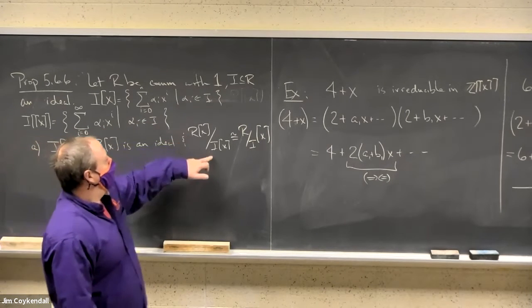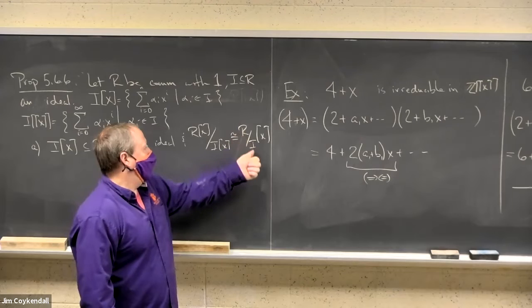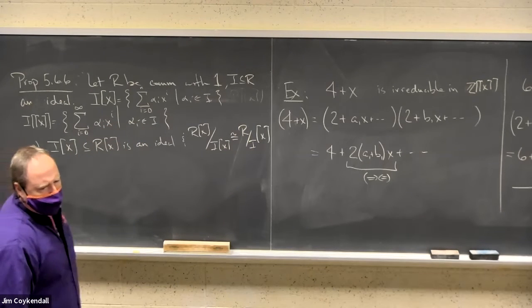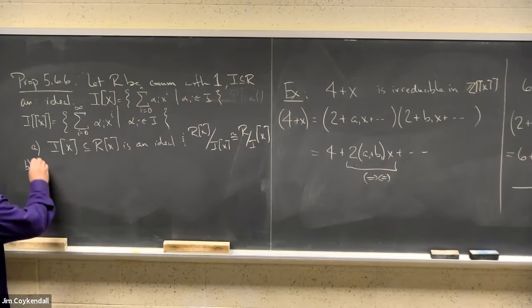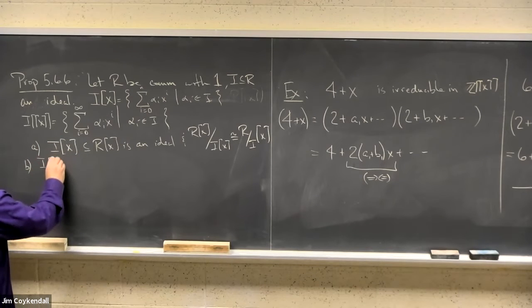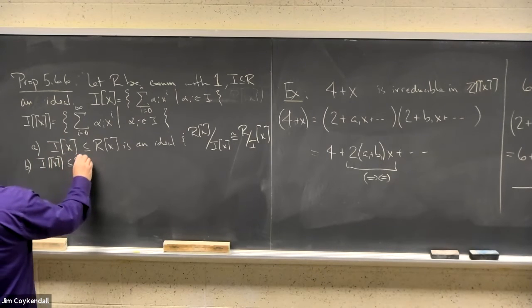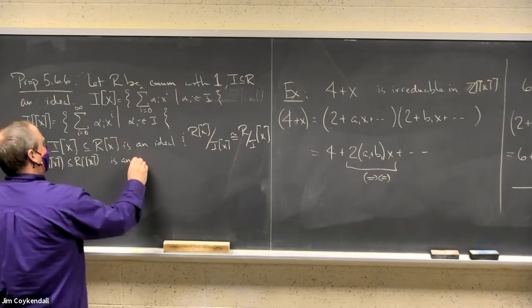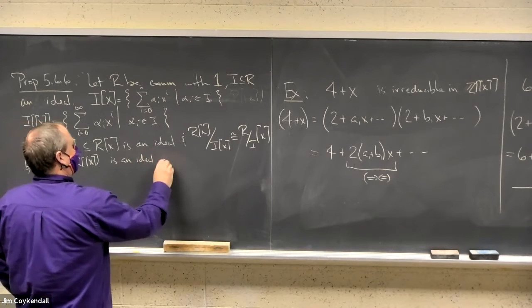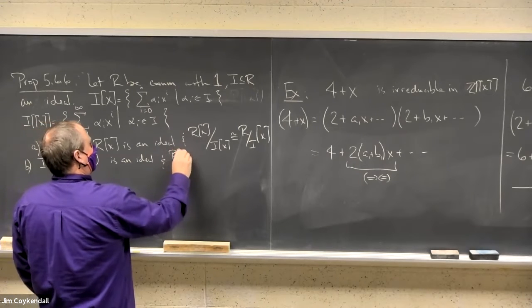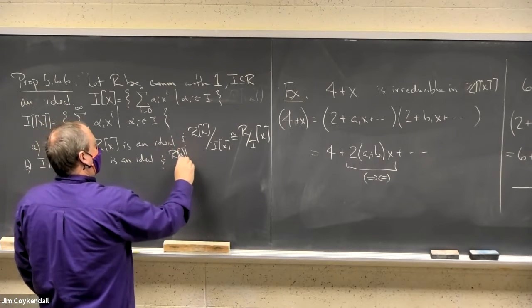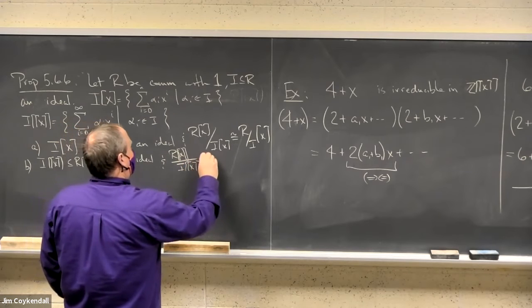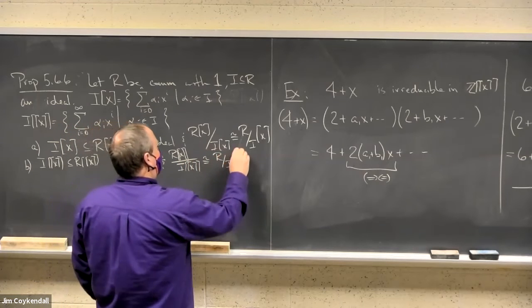This ideal is also a polynomial ring over the ring R mod I. There's an analog for power series, R[[x]] modulo I[[x]] is isomorphic to R mod I.